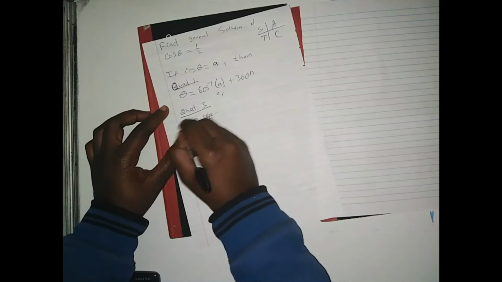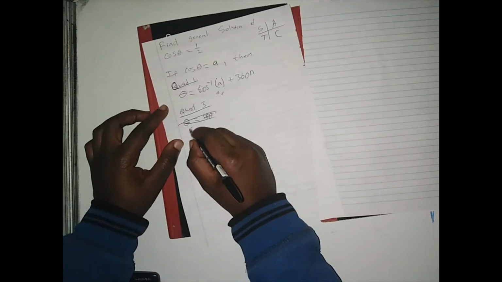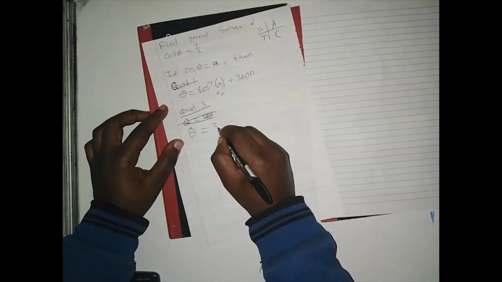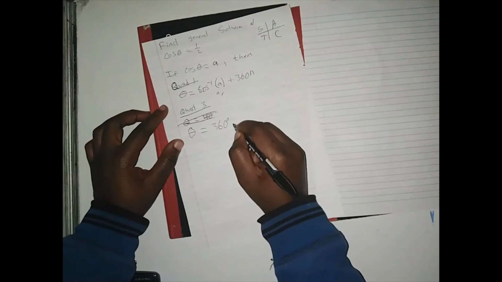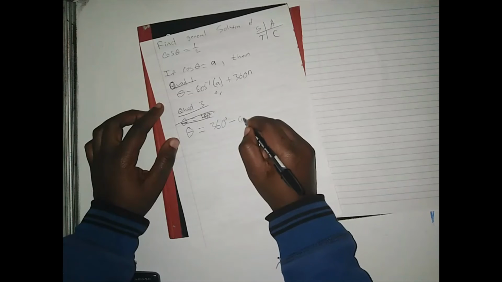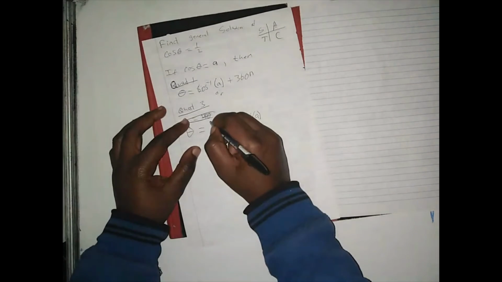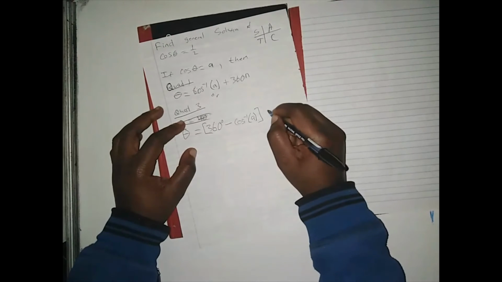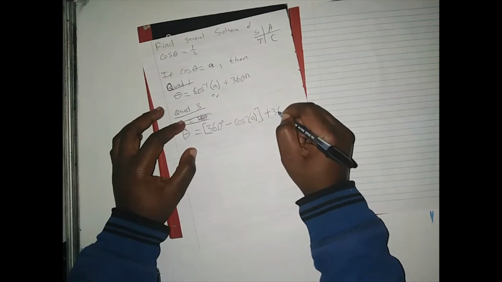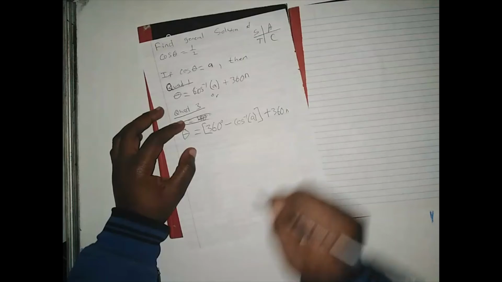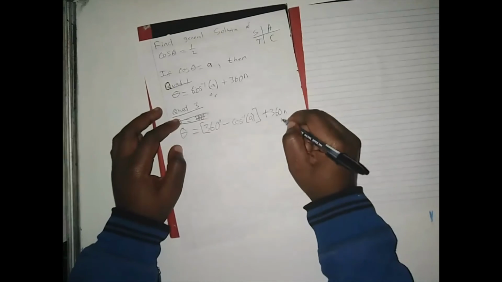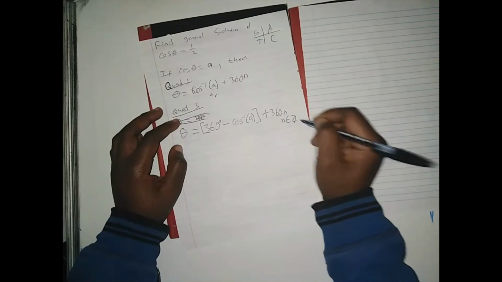So you're going to have theta, which is equal to 360 degrees minus the reciprocal of cos evaluated at A. But all of these things, guys, you're still going to say plus 360 n. And then you've got n, which is an element of integers.